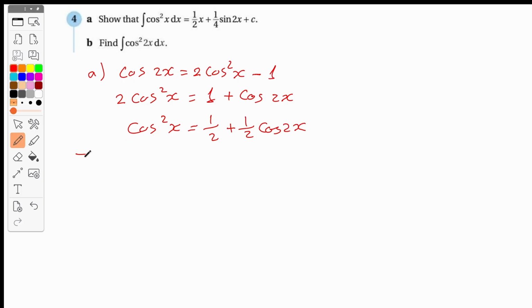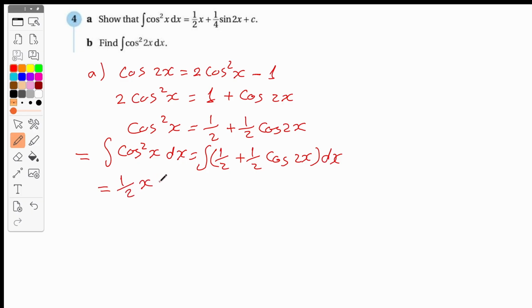So the integral of cosine squared x dx can be written by plugging in, instead of cosine squared x, the integral of half plus half cosine 2x dx. The integral of half is half x, as I mentioned before. Plus the integral of cosine, which is just sine.